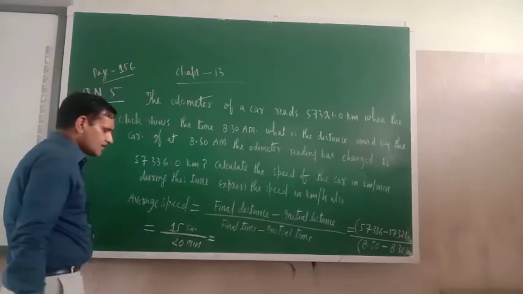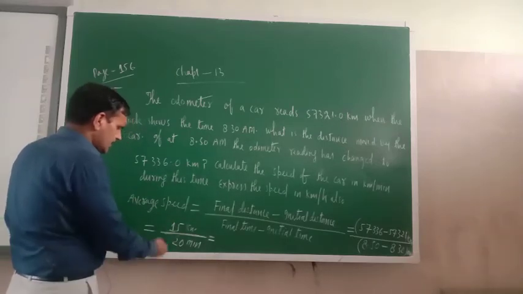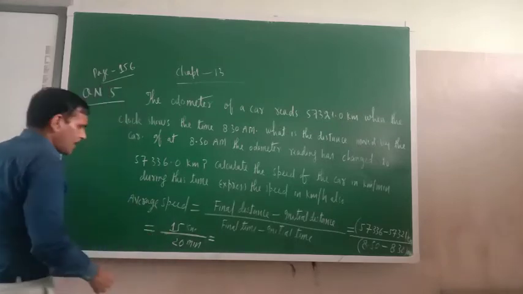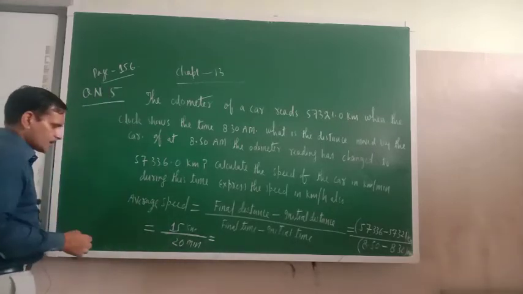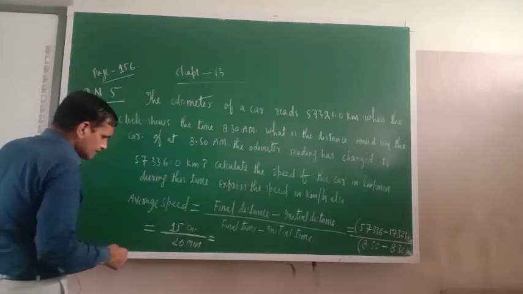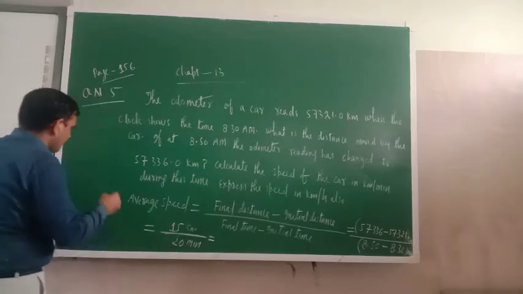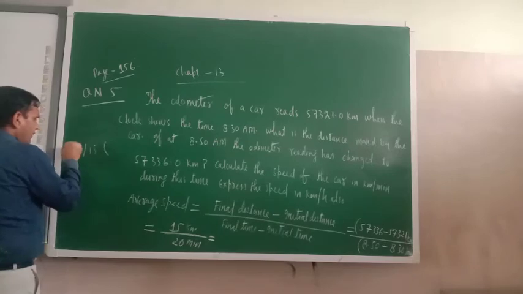If you divide this one, then what you will get? Just you can divide this one. I don't have any problem. So just try to understand. I think you will get here 15 divided by 20.